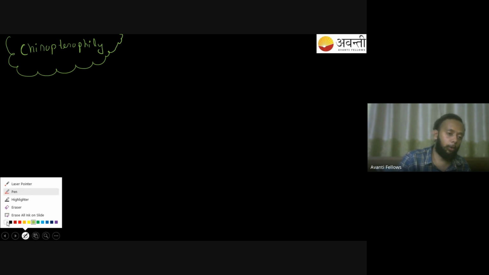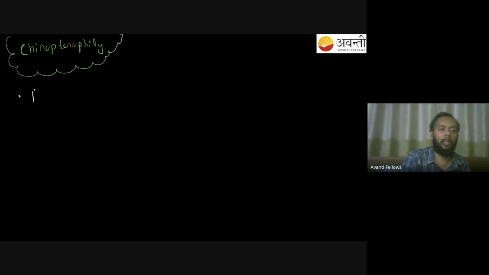When you discuss pollination by bats, you have to know that you will have a dull coloration, or you could say white-colored flowers.